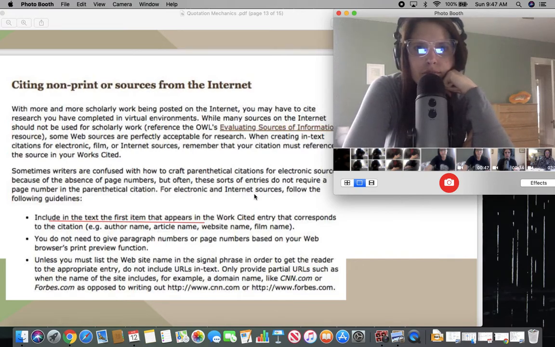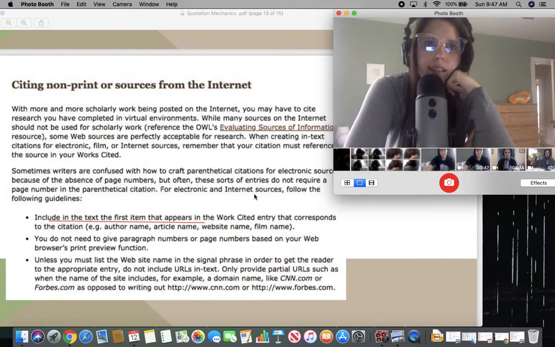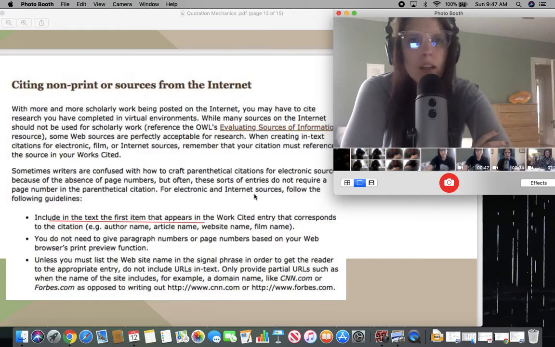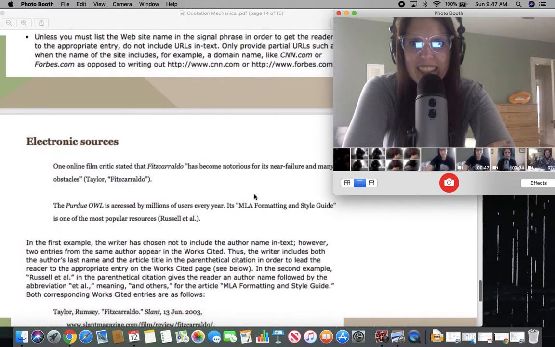Okay, cool. I underlined that there to remind us, because all of that is in service to referencing from your actual text to the works cited page. Woohoo! How exciting, right?